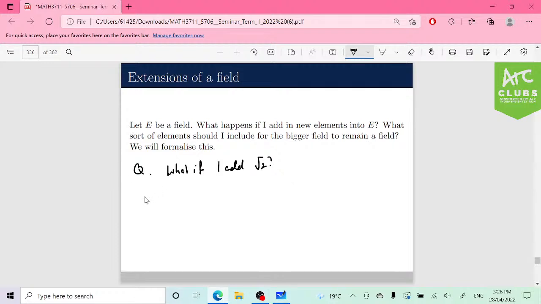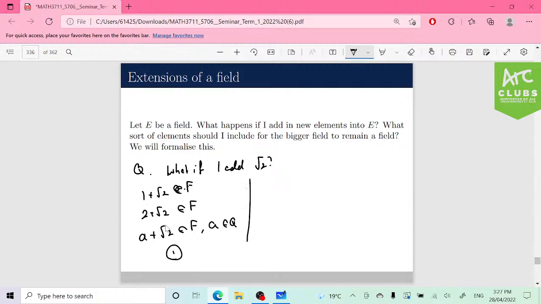So for example, 1 plus the square root of 2 needs to belong in this new field F. 2 plus square root of 2 needs to also belong in F. So in other words, a plus square root of 2 needs to belong in F for a in Q. So that's the first thing we want.